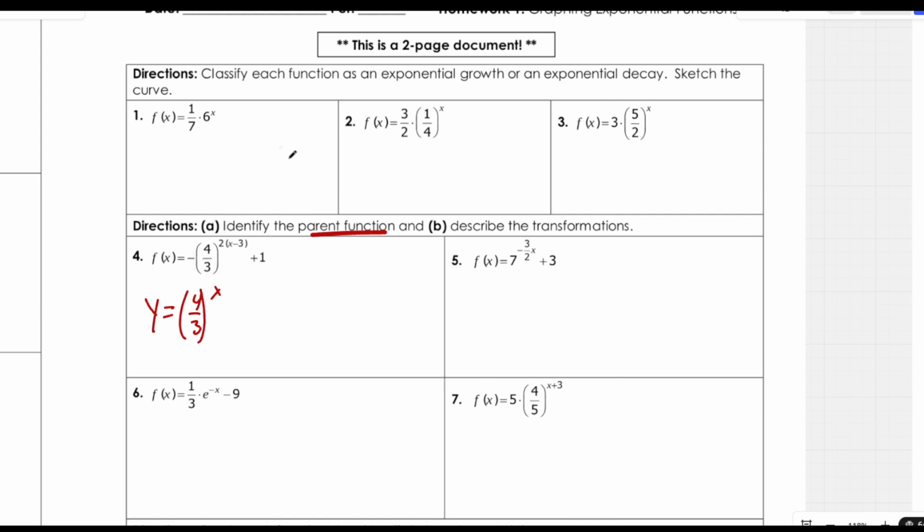It's got a reflection across the x-axis, which is a vertical flip.